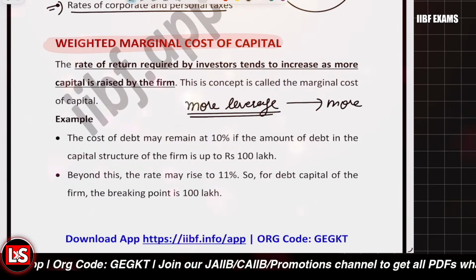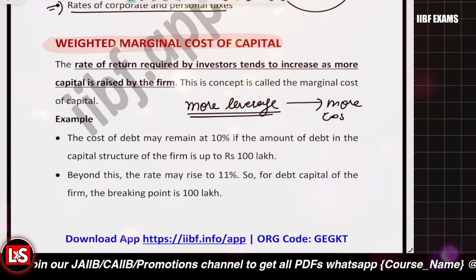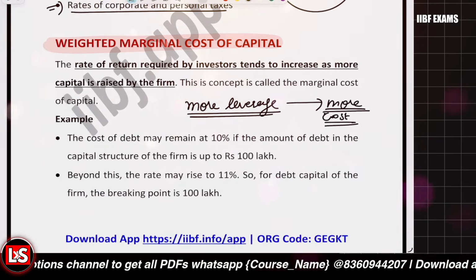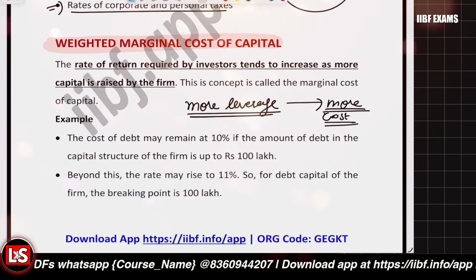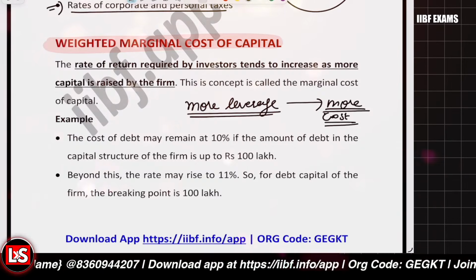Simply, more cost will be there, because people will perceive that this company is on the debt rails and may be riskier. And this concept is said to be the marginal cost of capital.